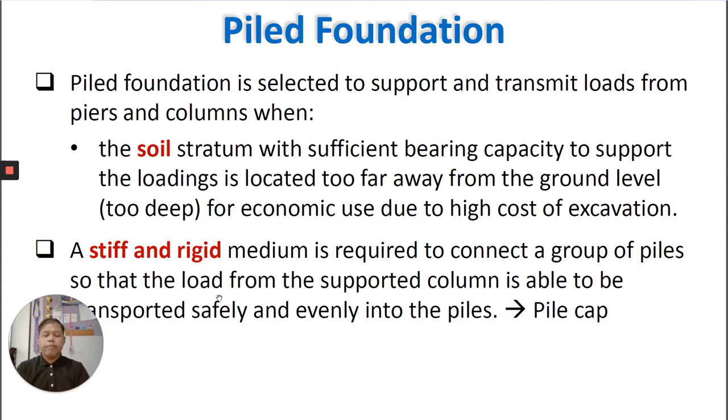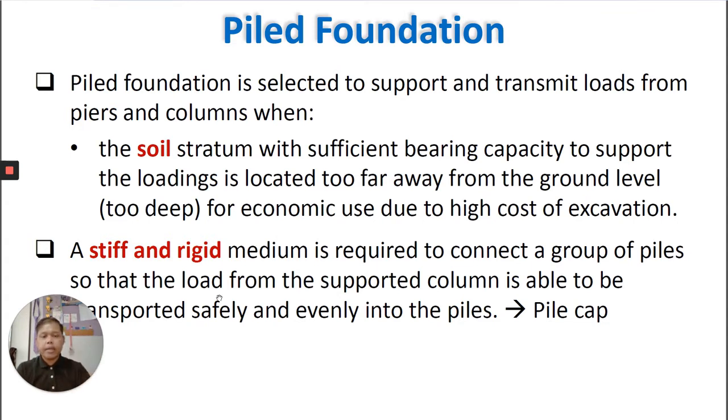Because if we have a very low strength of soil, it is not possible for us to excavate and fill up with new soil to increase the soil bearing capacity. Therefore, the solution is to use a pile foundation.